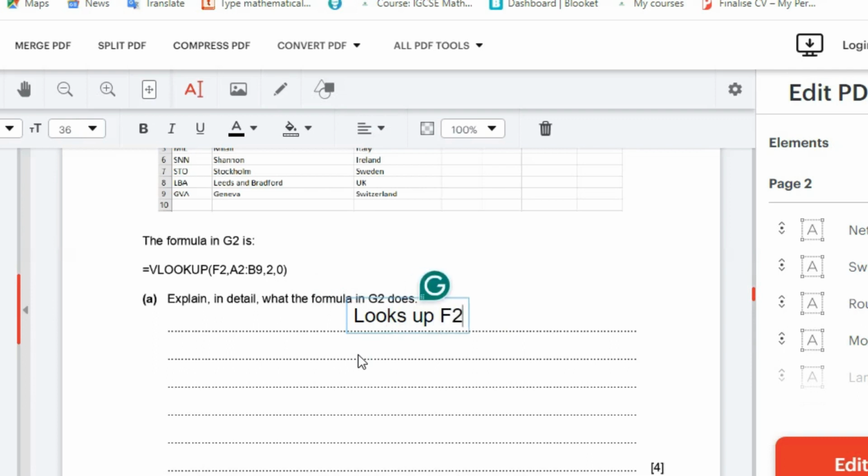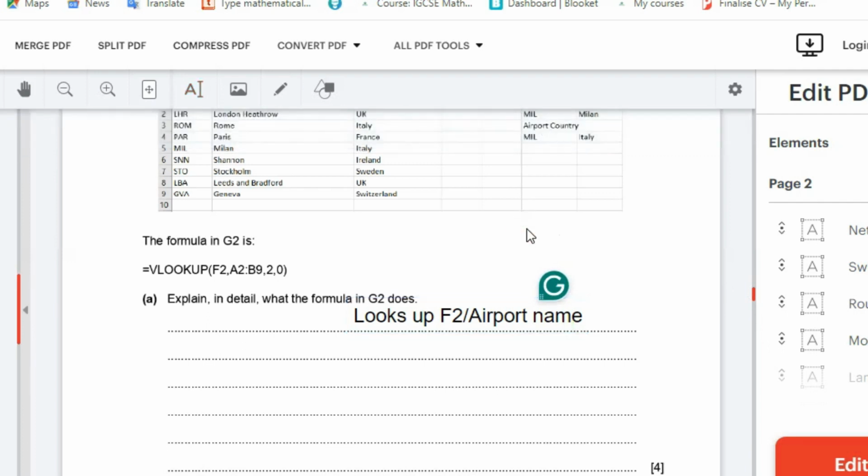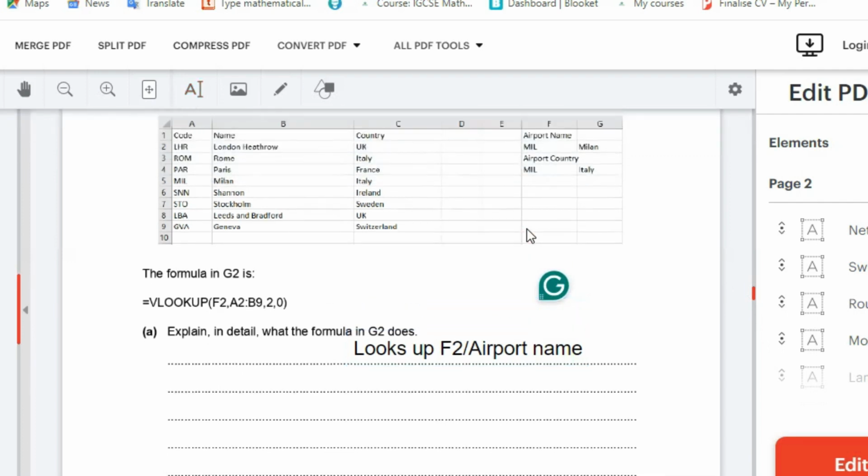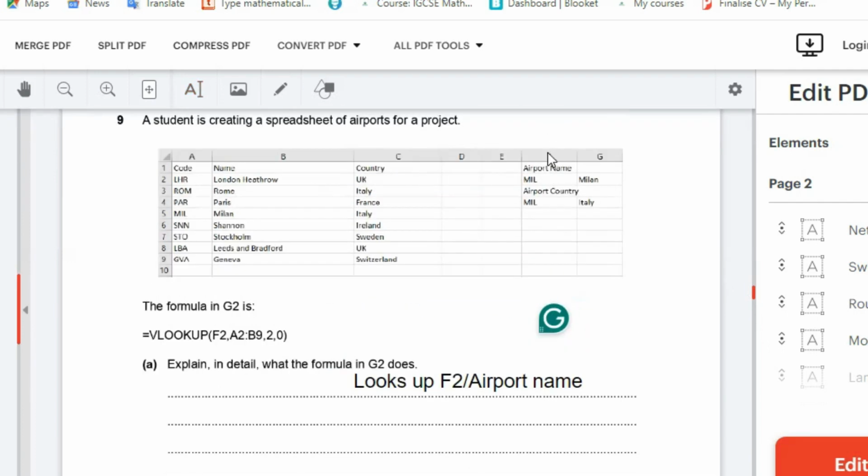That is what the formula is telling you. And F2 is the airport name. We can see it up here. Can you see F, then this is 2, F2. That is the airport name.